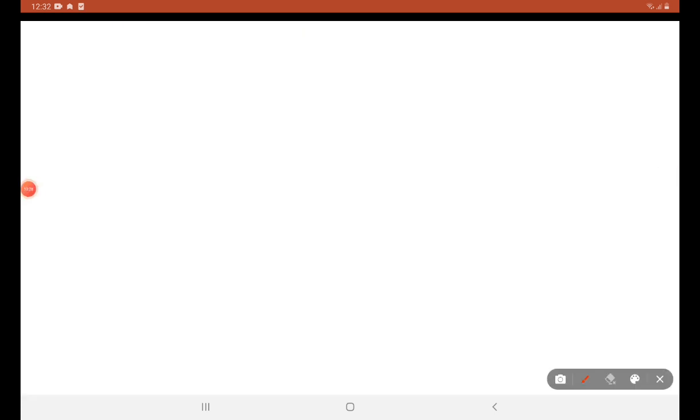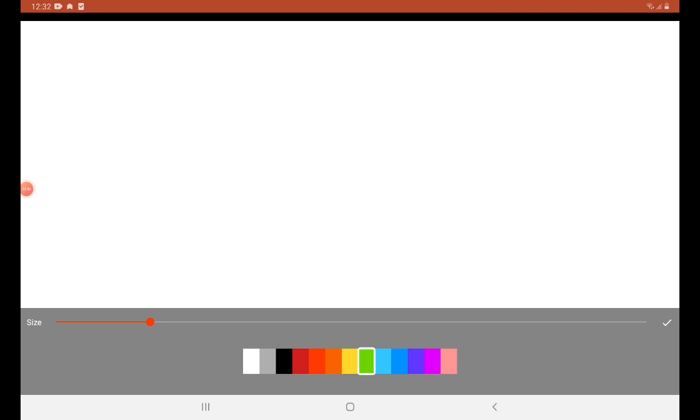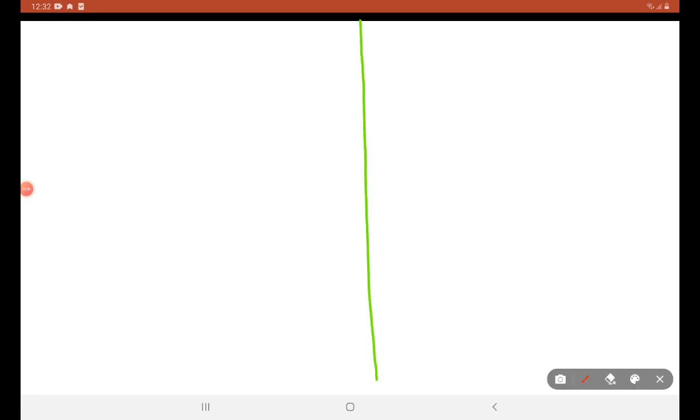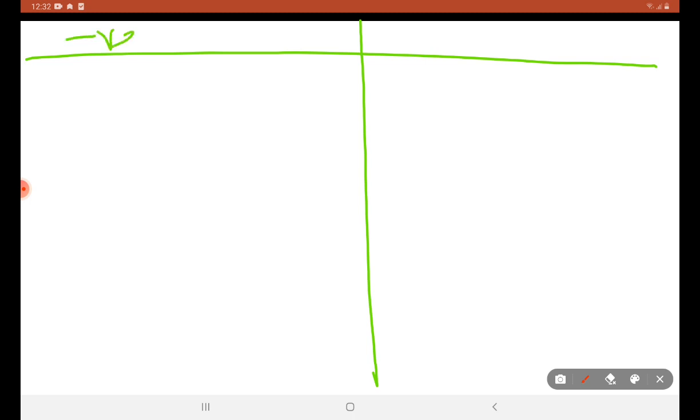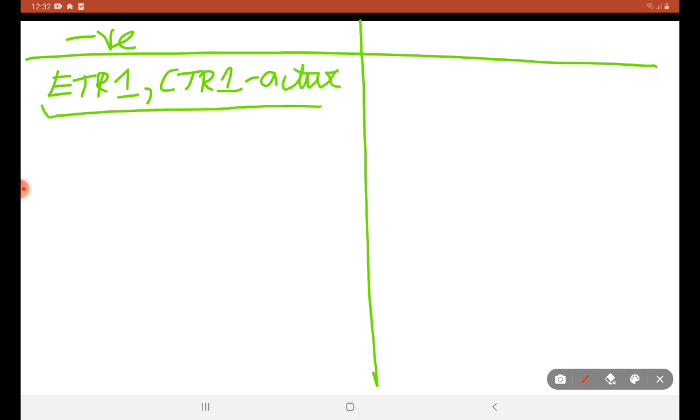We will sum up now. In the absence of ethylene, ETR1 and CTR1 are active. They are active.